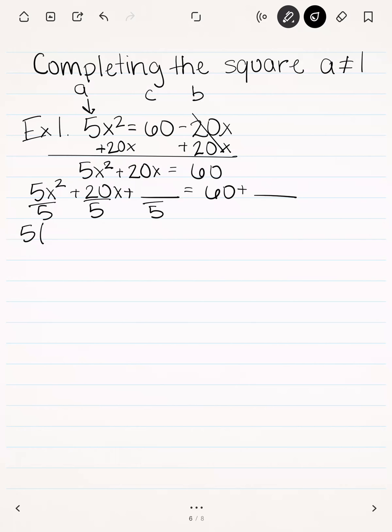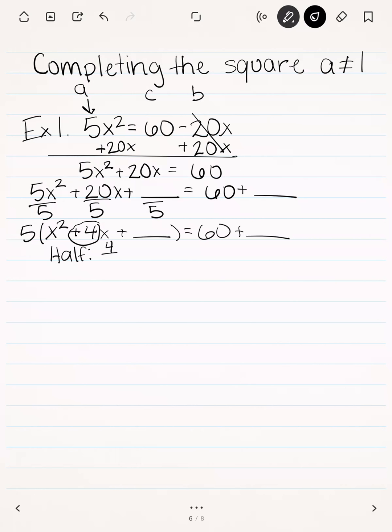5x squared divided by 5 leaves me with an x squared. 20x divided by 5 is a positive 4x. And then I still have my space equals 60 plus my space. Okay. From here, I look at my b term, which is this right here, and I take half of it.